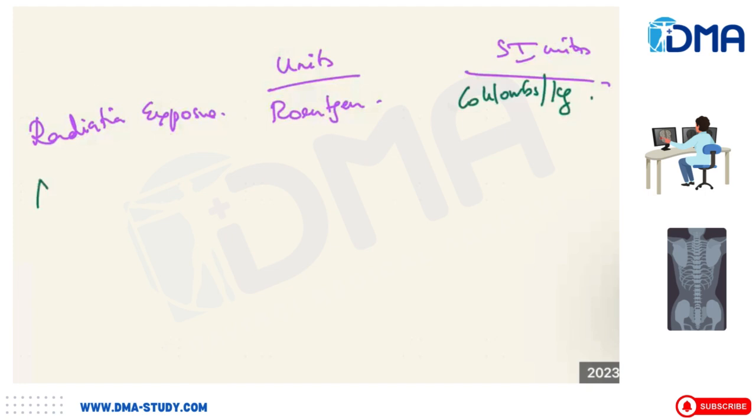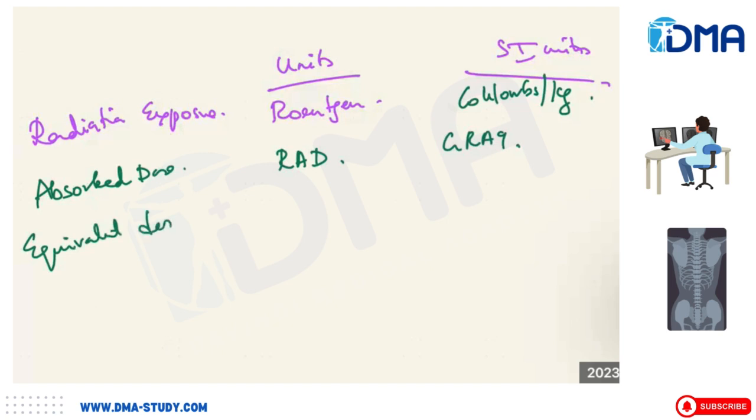Right? Absorbed dose, whereas in SI unit will be gray. Equivalent dose will be REM in normal unit.